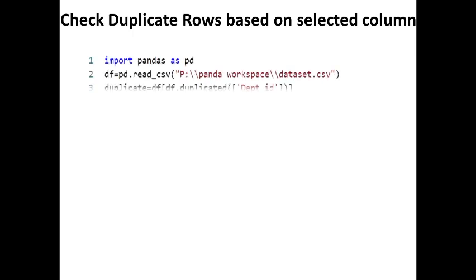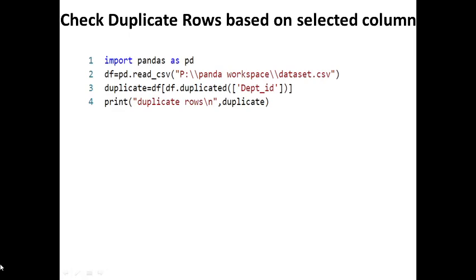Now let's see how to check duplicate rows based on selected column. So far we have printed rows having all column values same, right? Now we will check duplicate rows based on selected column. So to do this, we need to pass column name to duplicated function.